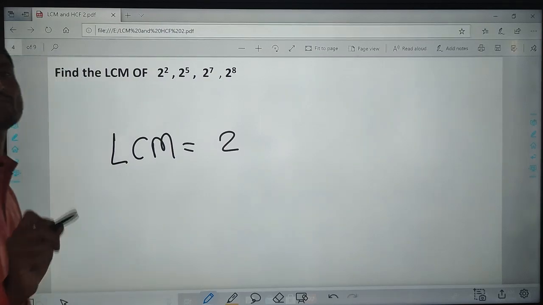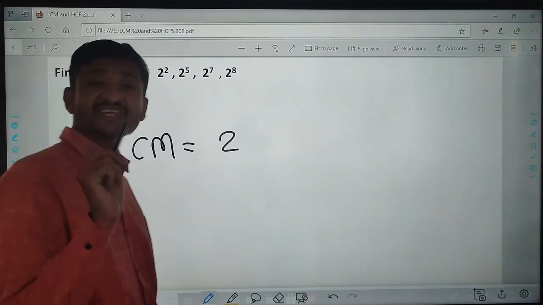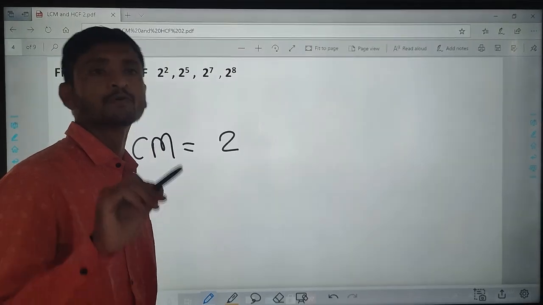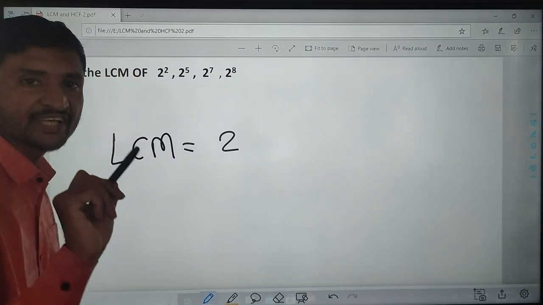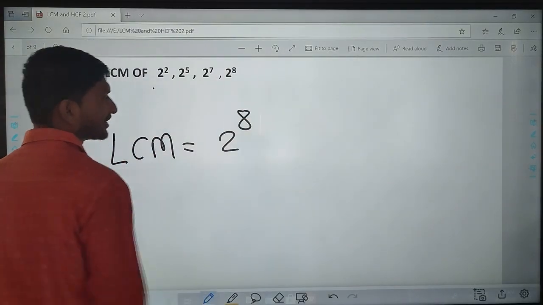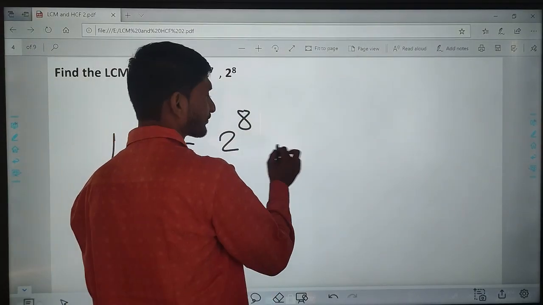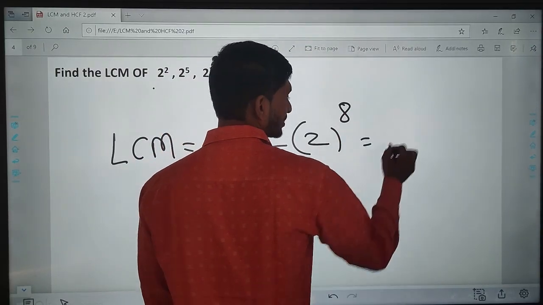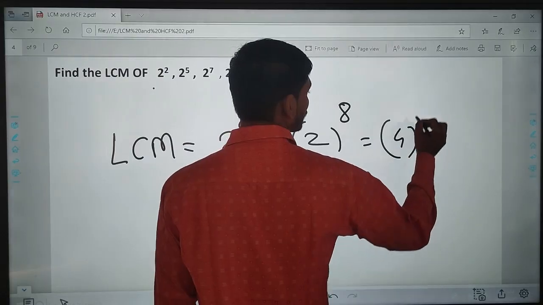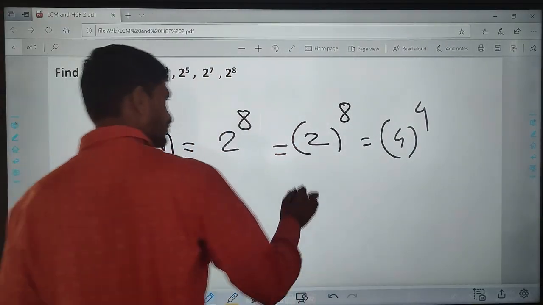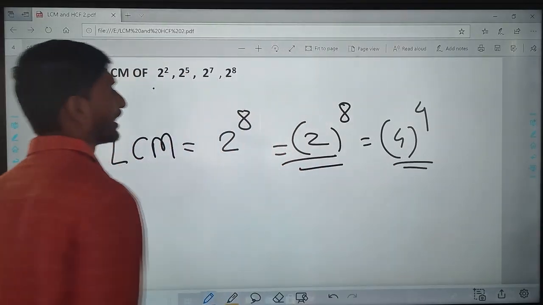For LCM we take the highest degree of 2. Then the highest degree of 2 is 8. Then your answer is 2 raised to 8, that is 4 raised to 4. This is your answer.